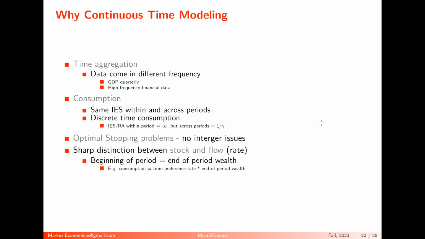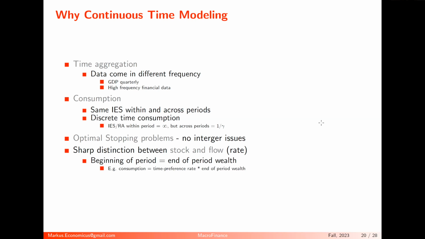So the time aggregation is like when we say, how much do we consume within a quarter, we just linearly sum it up as if the IES is infinity, and then across quarters we assume some intertemporal elasticity of substitution, but within a quarter we don't smooth. It's a little bit unnatural, but if you think about continuous time in this sense, it's more natural, where you smooth all the time. Why should you only smooth across quarters, but not within the quarters?